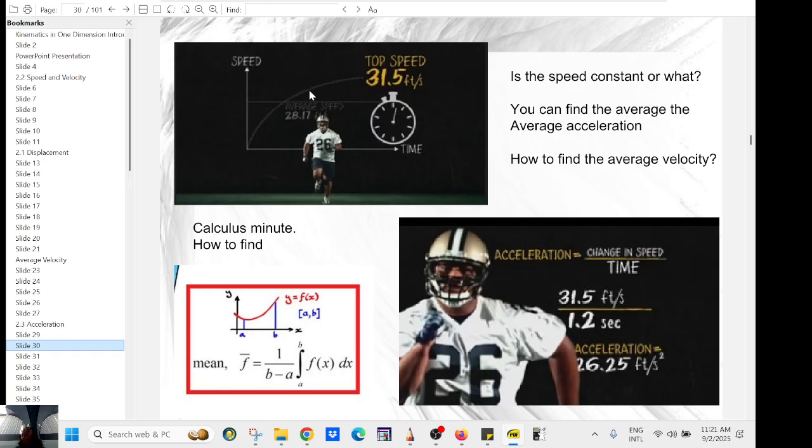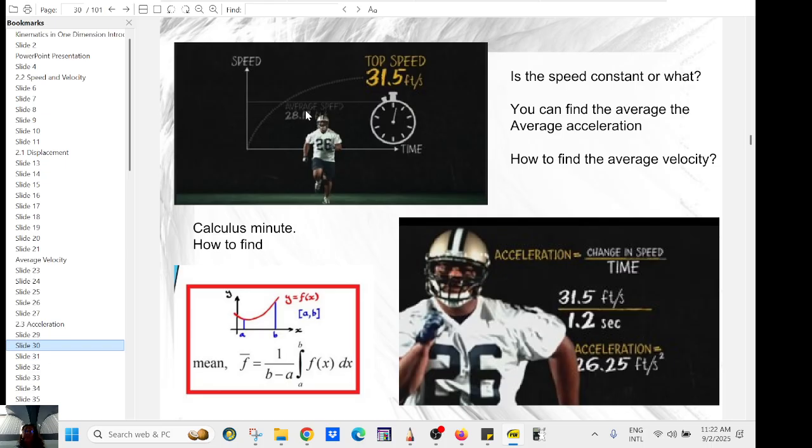Decreasing. Okay, it's getting easier, I mean, if you hike. So the speed is decreasing. Okay? The speed is changing. The slope is decreasing, which means the acceleration is decreasing as well. So anyway, in that case, the speed is not constant.